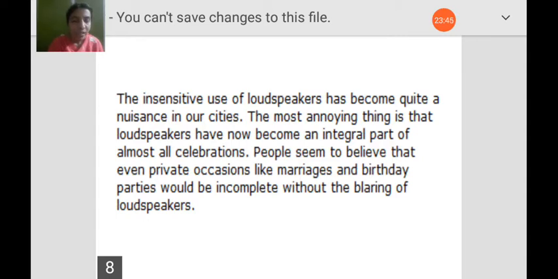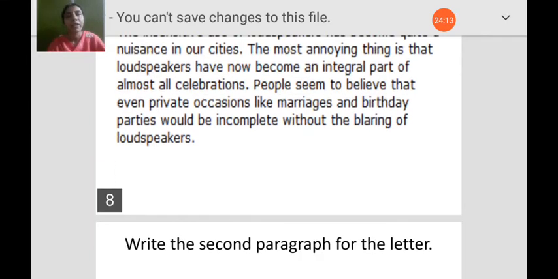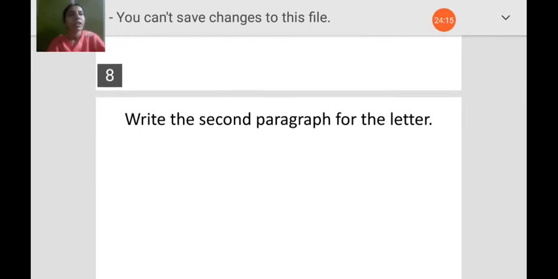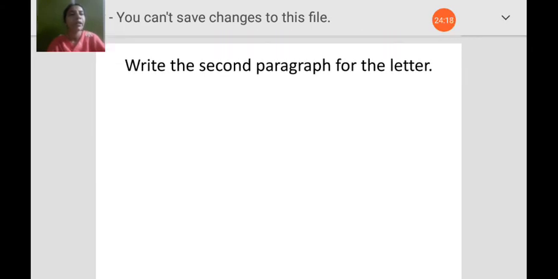And it is very sad to say that when somebody dies also, there will be a big loudspeaker along with the dead body when they are carried to the funeral. So that is a practice actually. For every ceremony, a loudspeaker is needed these days. This is how I developed the first paragraph. Now write the second paragraph for the letter.